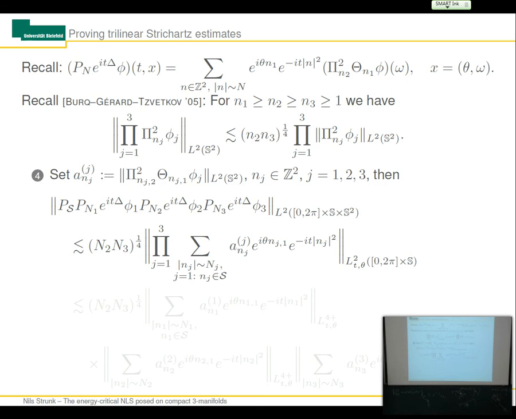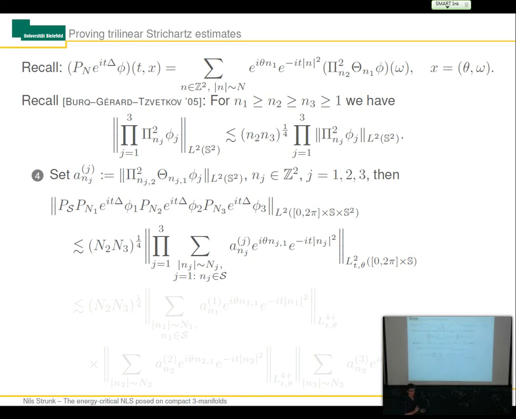If we take three functions phi1, phi2, phi3, and project them onto spherical harmonics of degree n1, n2, and n3, and multiply them in 2 dimensions, on S2, then this can be estimated by n2 times n3 to the power of 1/4.